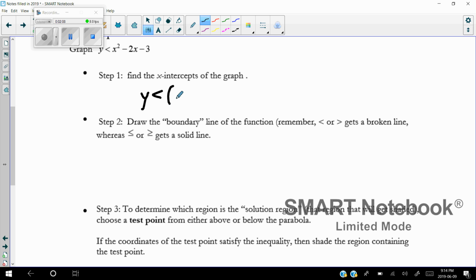My answer would be -3 and +1. What that tells us is that the x-intercepts are +3 and -1, so you flip the signs.